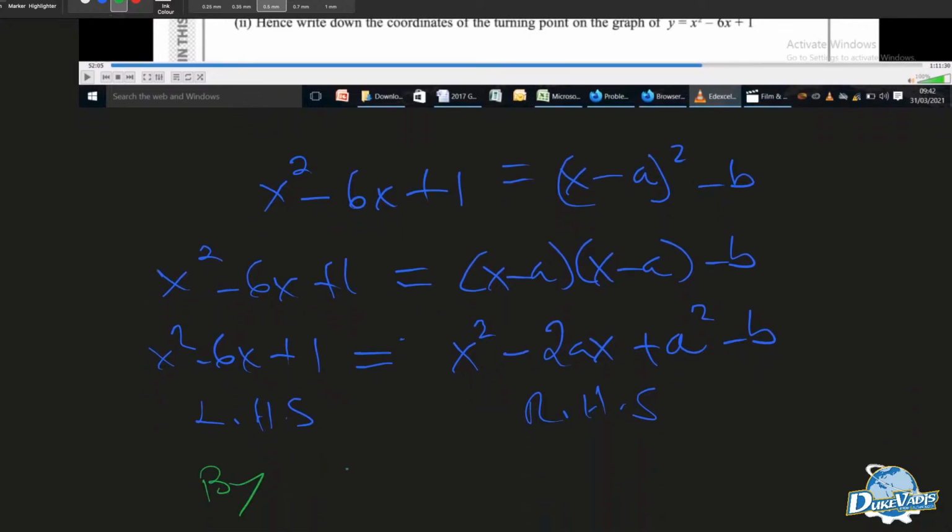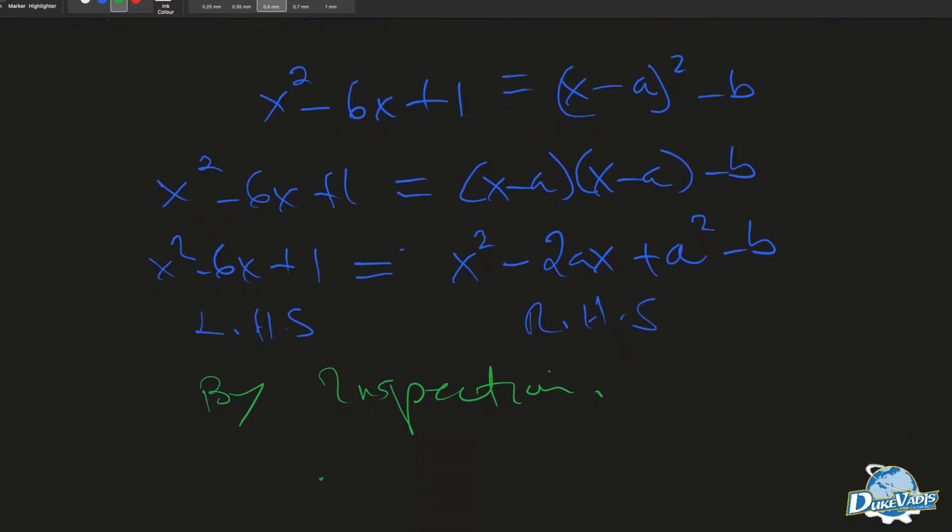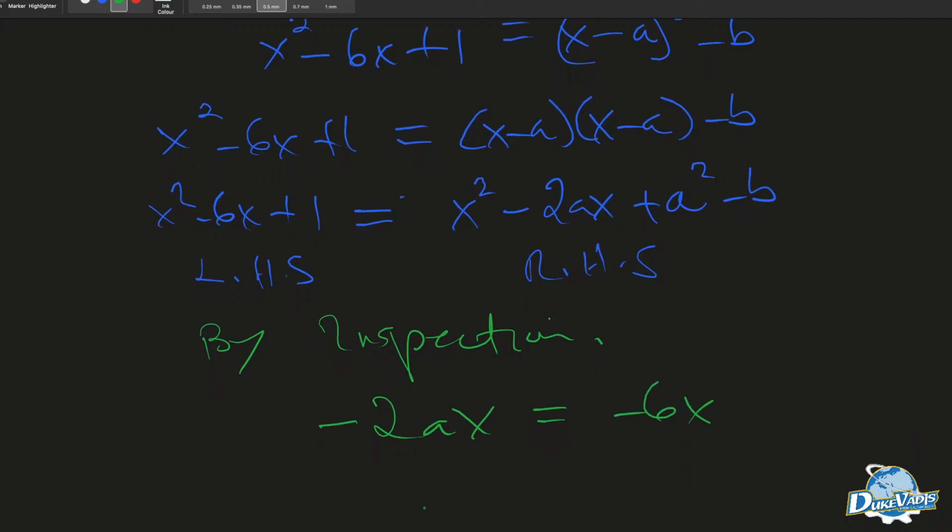By inspection, if you look at it very carefully, you will see that minus 2ax is equal to negative 6x, and also a squared minus b is equal to 1. So we have equation 1 and equation 2.